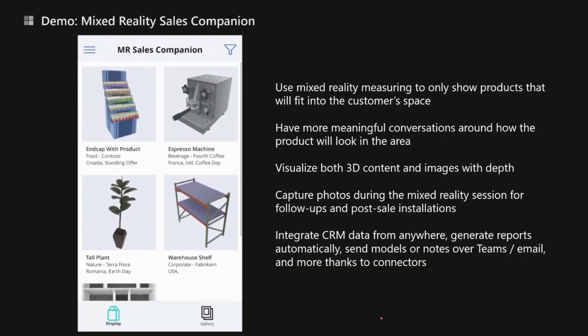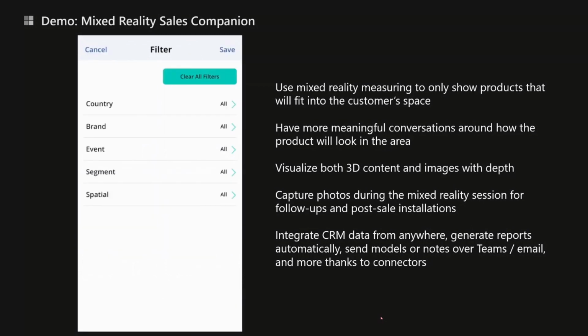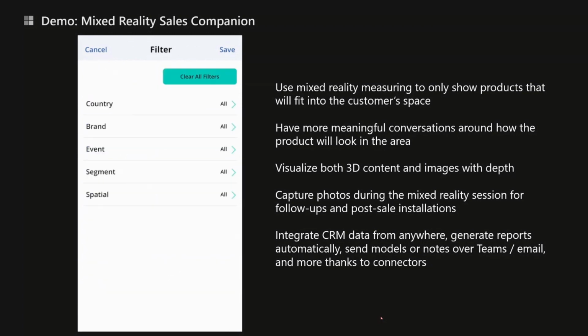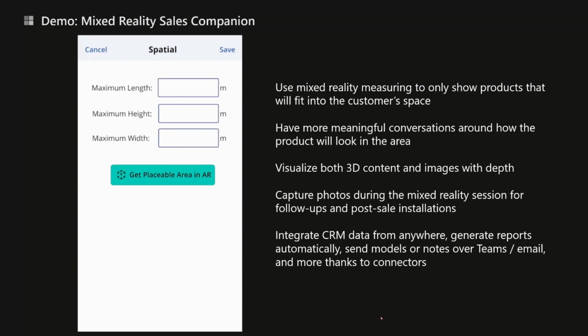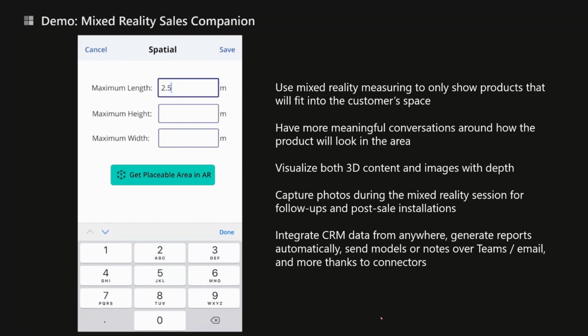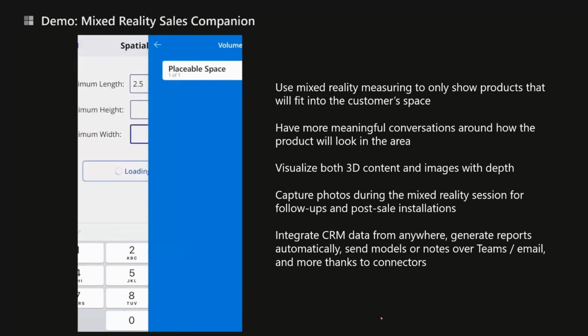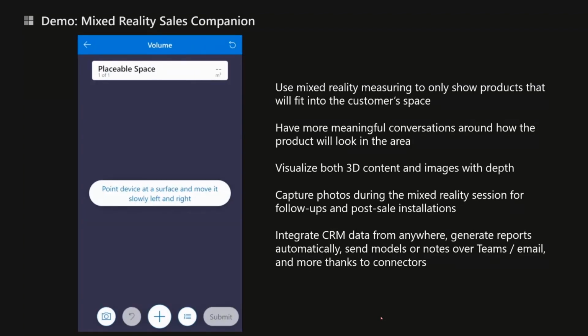As they're browsing through the products, they can select on products to learn more. There's also filtering options, just as you would expect in any sort of shopping app. For this one, we're filtering, and we're also typing in what sort of measurements we want to consider for what we're looking for.